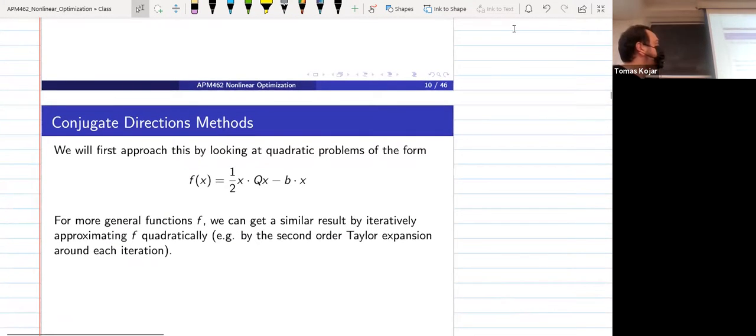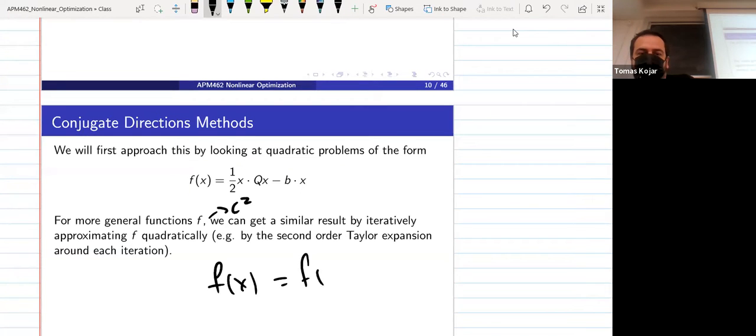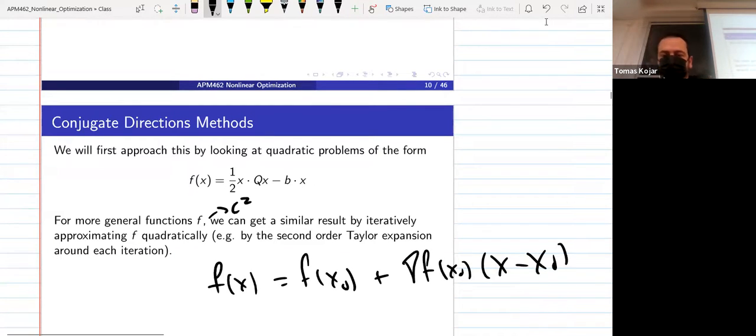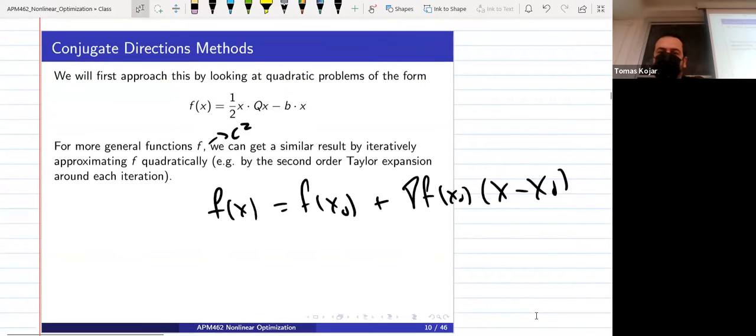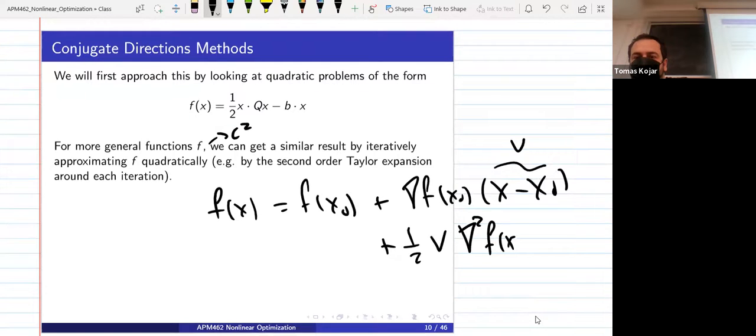And this is cool because if you have f being C2, then we have the following approximation. f is equal to f of x0, initial guess, plus the gradient of f at x0 plus the, can I write this as v? This is exhausting. V, and then, let me call it theta, x of theta.